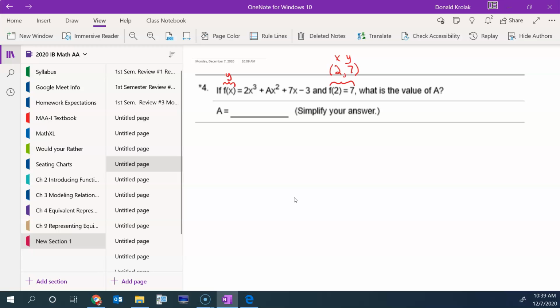So I'm going to take out f of x, replace it with 7, and then each occurrence of x I'm going to replace with 2. And solve this now for the variable a.